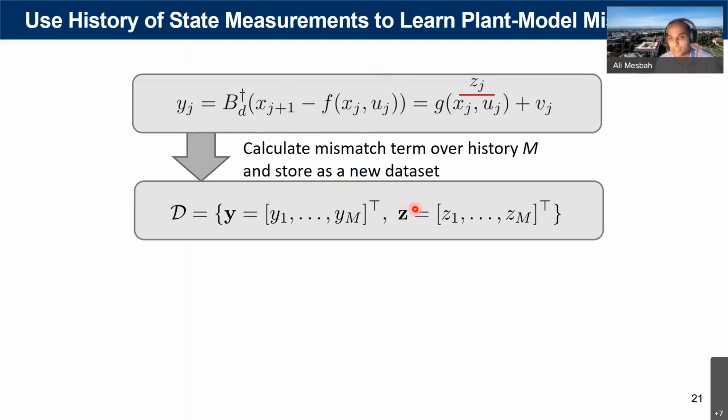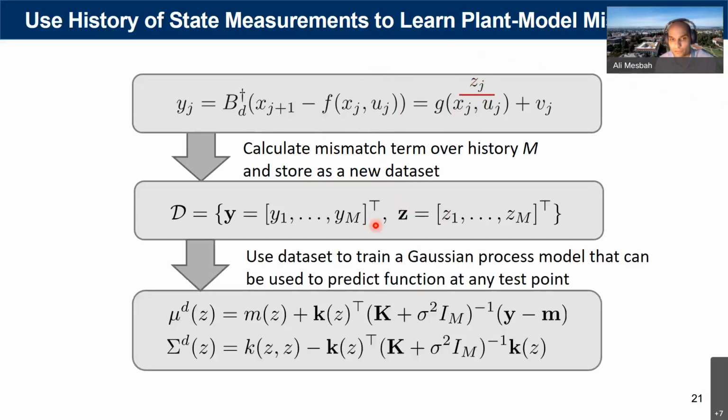So essentially input-output data. For notational convenience, I'm augmenting my states and inputs and denoting them by z. So if you form your data set as the difference between actual measurements and the predictions of your nominal system, that would be your output. This is the mismatch term, and your inputs would be x, u, essentially the pairs of states and inputs.